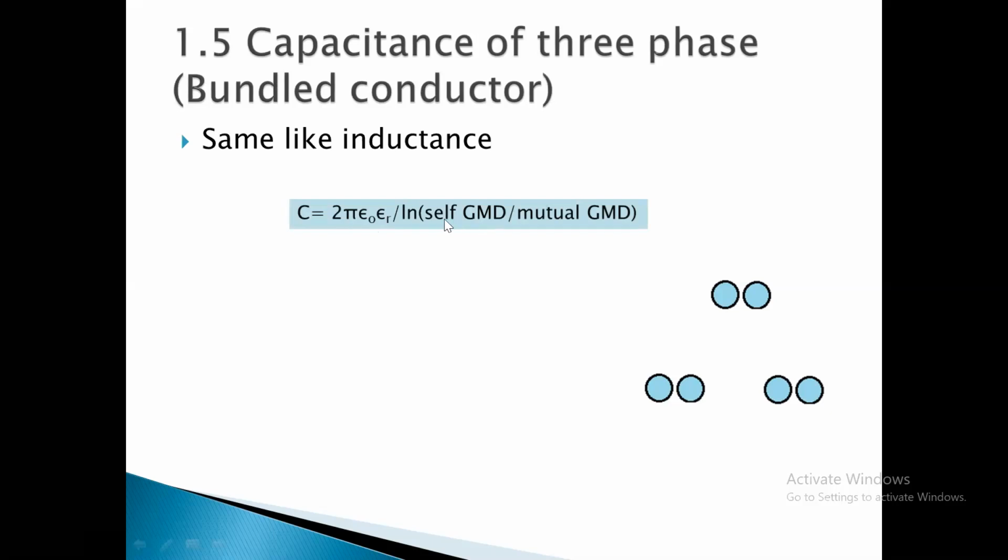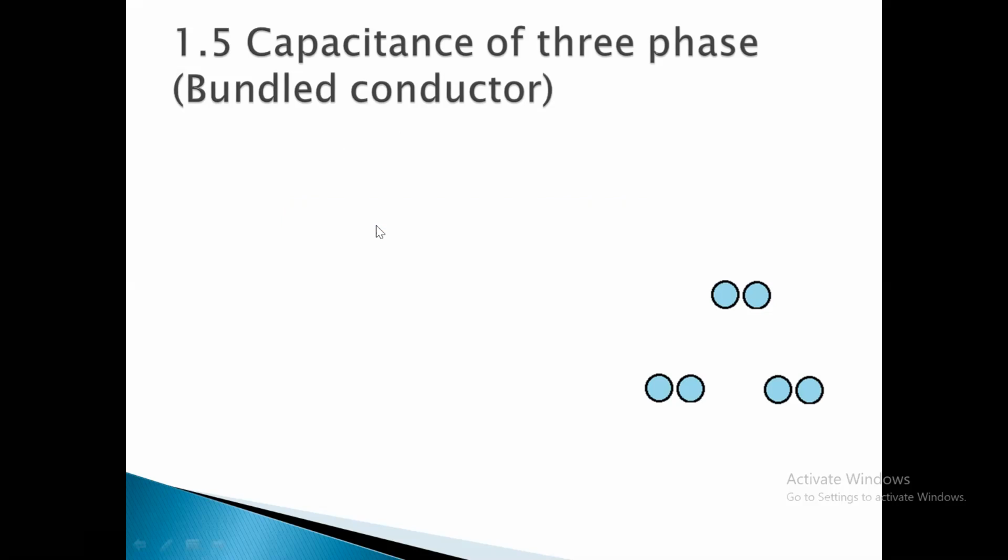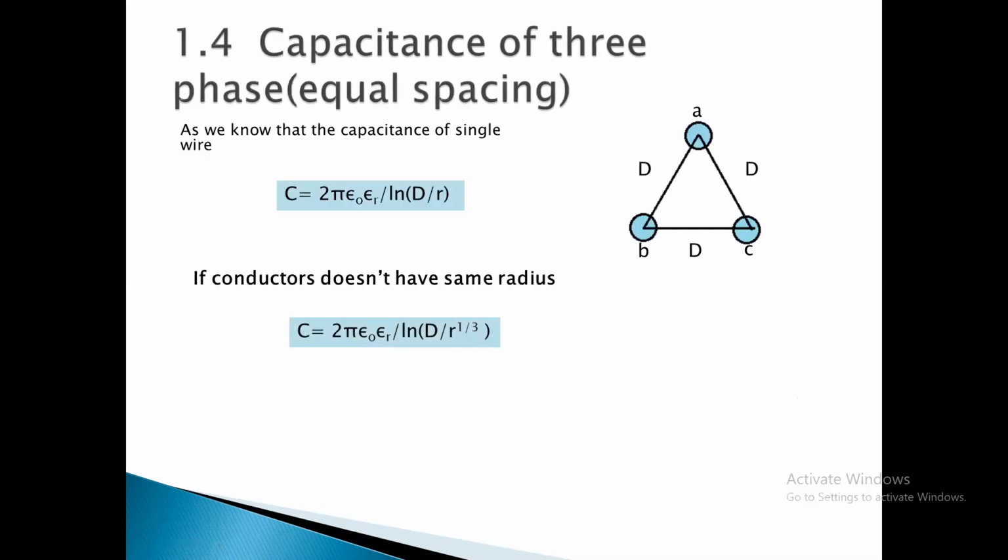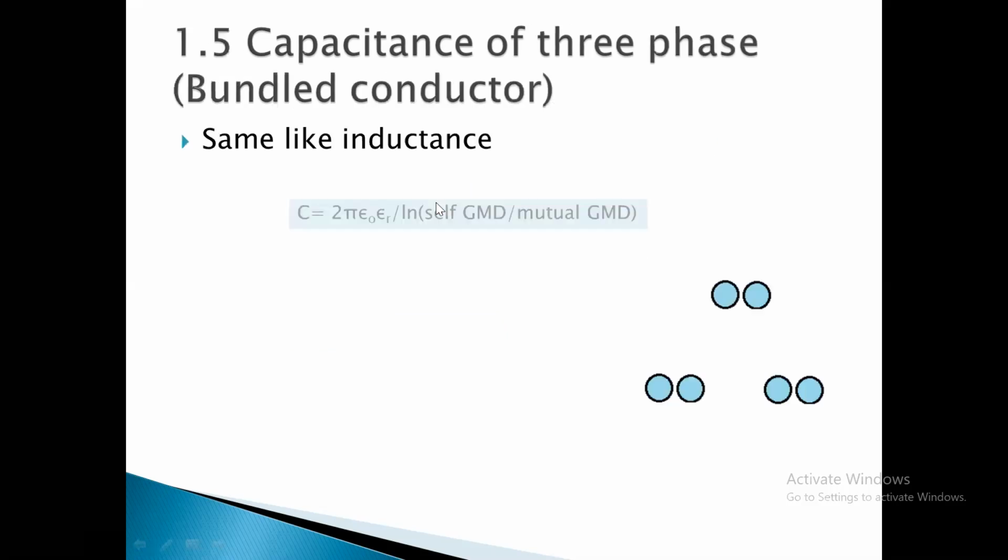We will just calculate the natural log of self GMD or mutual GMD. The formula will be the same, 2 pi epsilon naught into epsilon r. We just put epsilon r equal to 1, so it becomes 2 pi epsilon naught. The formula is the same here. D is the mutual GMD, and this is the self GMD.